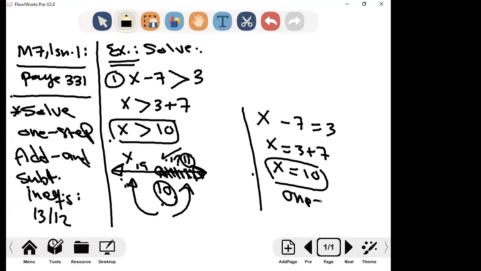One unique solution, there is no other. It means x equal 10 and nothing else works, only that. Okay, so here one solution, but in the inequalities, any number from more than 10 to positive infinity is what? All of them are solutions, which means you have infinitely many solutions.